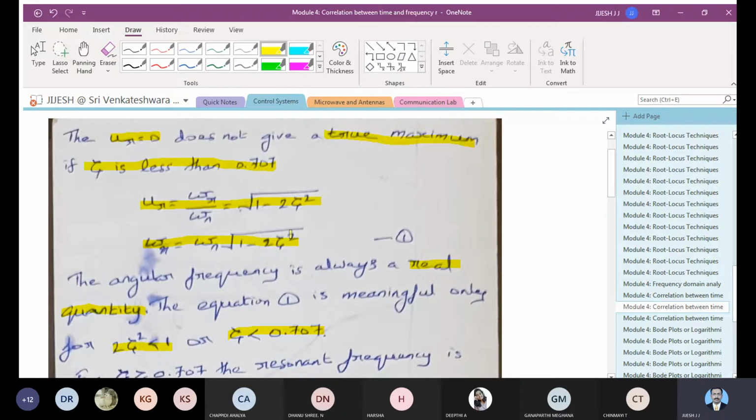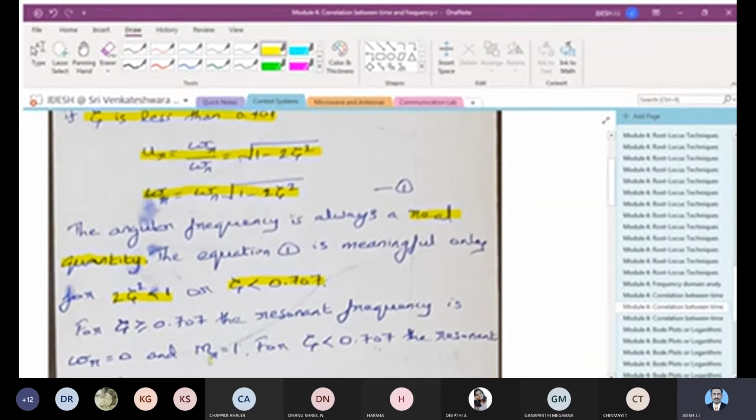You can make a note of these things. So here we get omega r is equal to omega n root of 1 minus 2 zeta square, with the condition that 2 zeta square is less than 1, or zeta is less than 0.707.